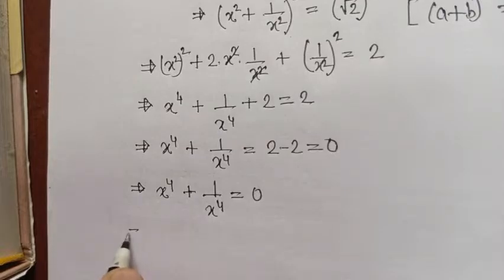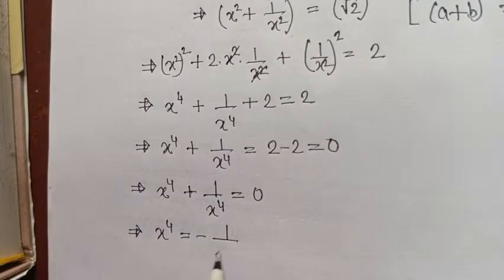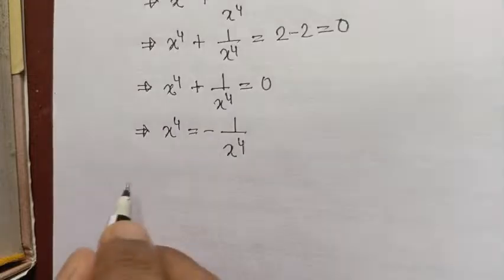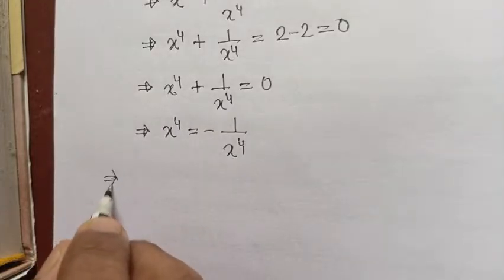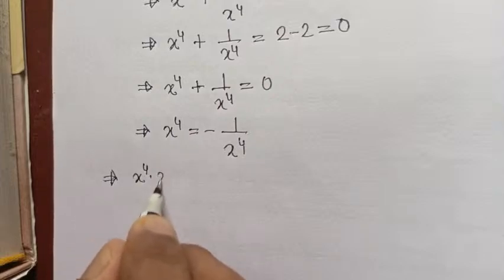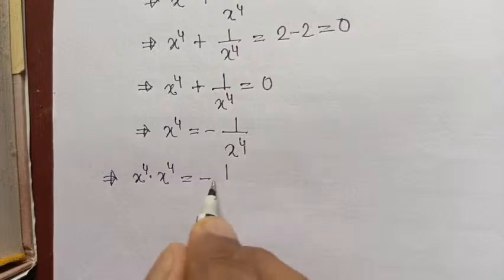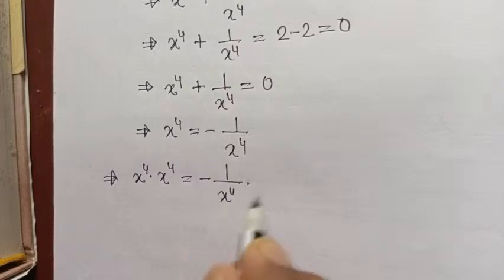Now if we move that 1 by x to the power 4 to the right hand side, then the equation becomes like this. Now we are going to multiply both sides by x to the power 4, like x to the power 4 into x to the power 4 equals minus 1 by x to the power 4 into x to the power 4.